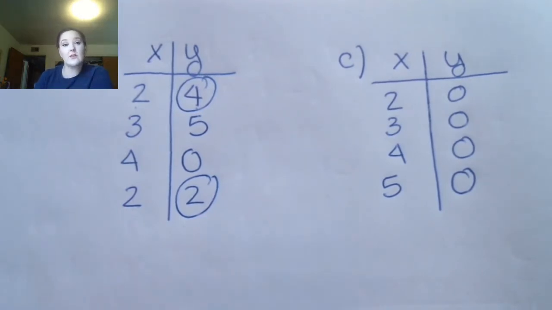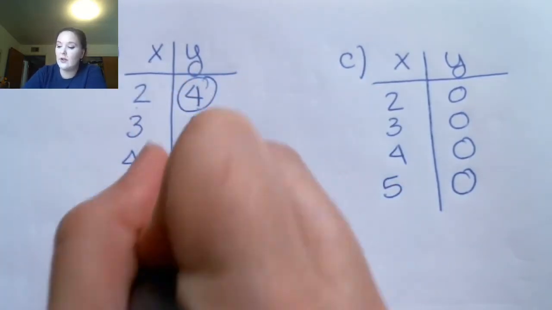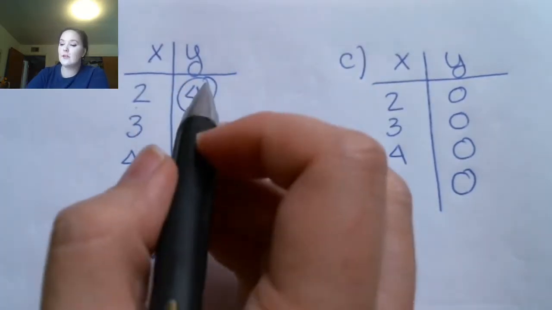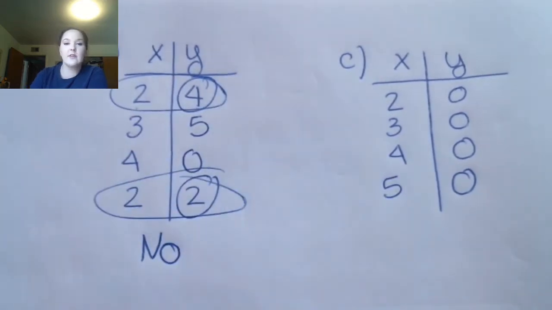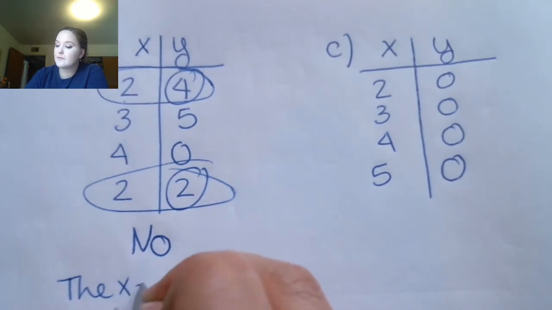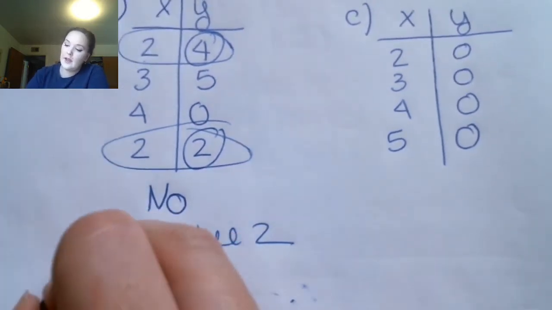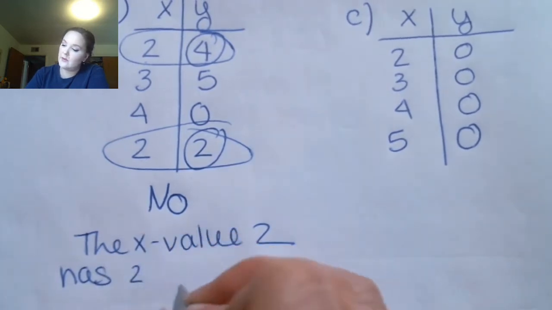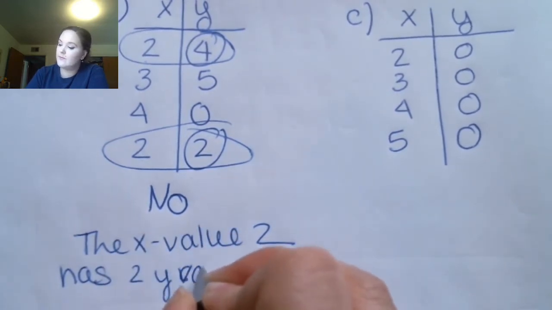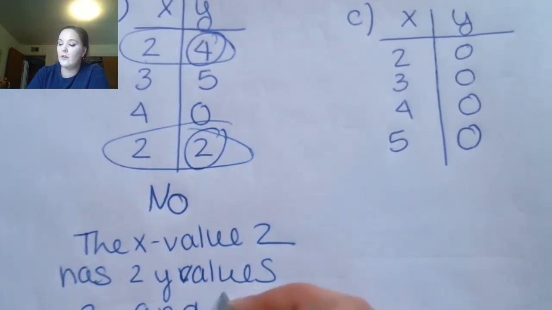A function is a rule that takes one x value and assigns one y value. So we don't want this. This is not a function, and the circled ones are why not. You can't have one x has 2 y values, 2 and 4.